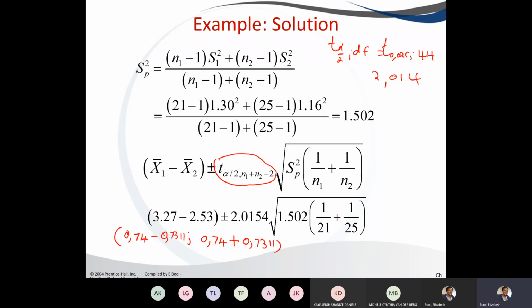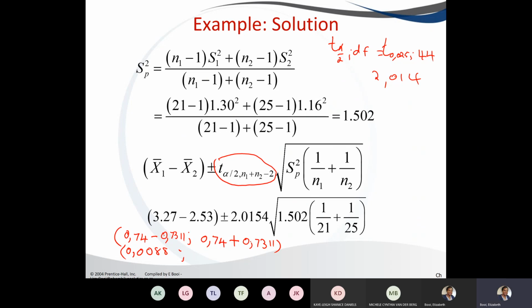And when we solve this, we get 0.74 minus 0.7311, 0.089. Let me just double check. Yes. So you will get 0.008. I'm going to leave it the way the question is because I've rounded it off.